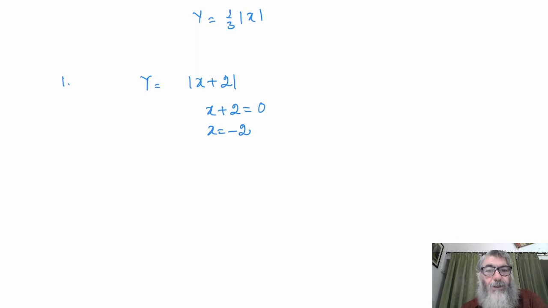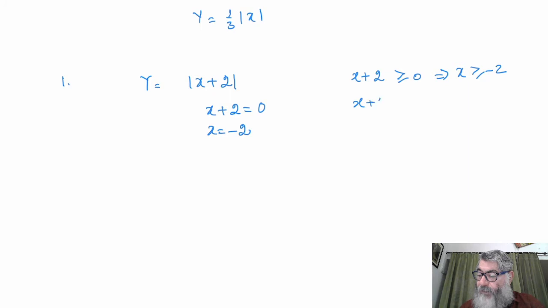Now what has happened is that when we are adding, the graph is shifting to the left. Now x plus 2, if you open this, x plus 2 will be greater than or equal to 0. That will imply x is greater than or equal to minus 2.